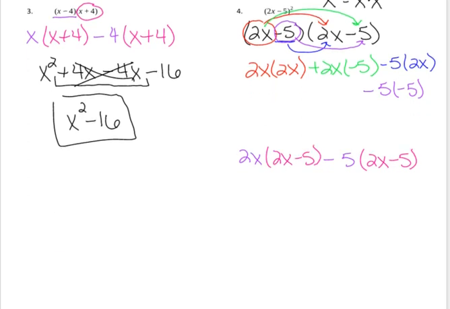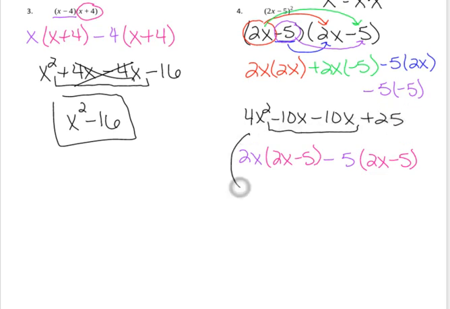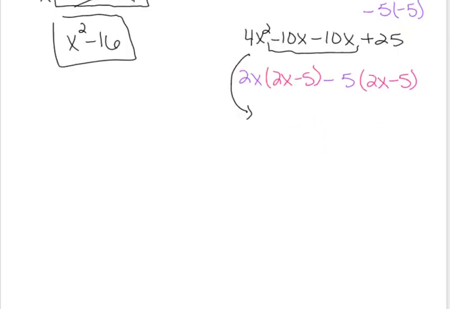So we get, let's see, 4x squared minus 10x minus 10x plus 25. And when we combine those like terms, I'm going to jump down here underneath this work, we would get 4x squared minus 20x plus 25. And there's our final answer.